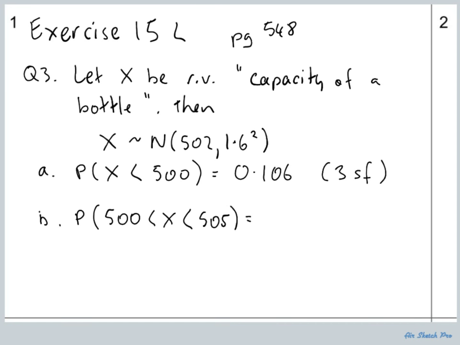So that's 0.864 to 3 significant places. Okay, so that's straightforward calculator operations as well. Any questions about that?